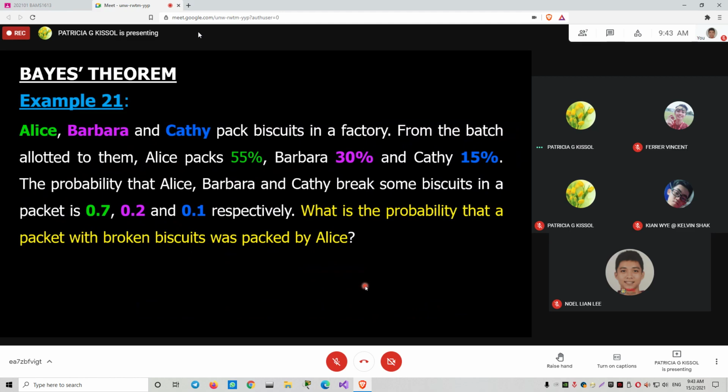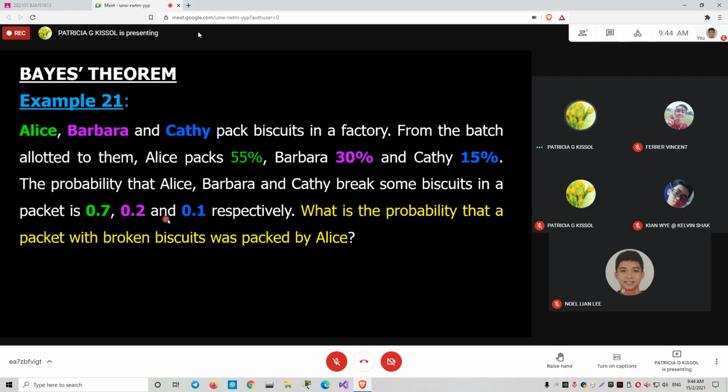And as you can see, we have 3 persons, Alice, Barbara, and Kathy. Alice packs 55%, Barbara 30%, and Kathy 15%. And then the packets that have been packed, the biscuits, apparently Alice broke 0.7%.